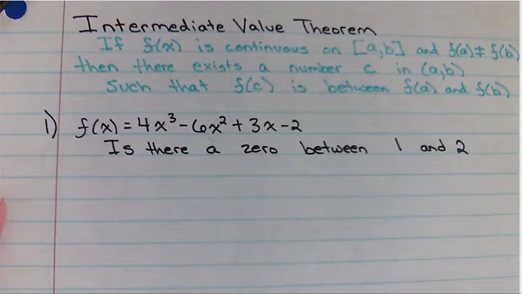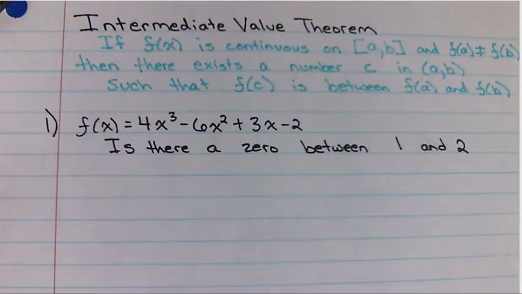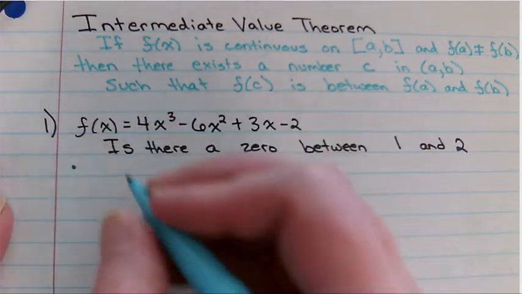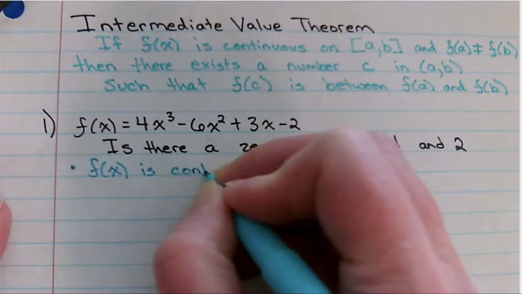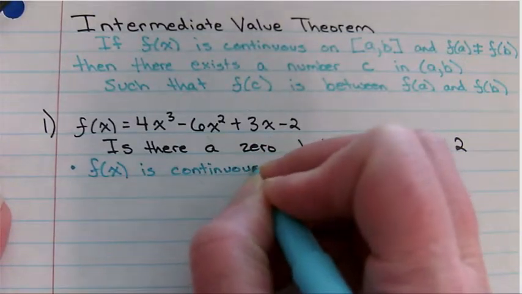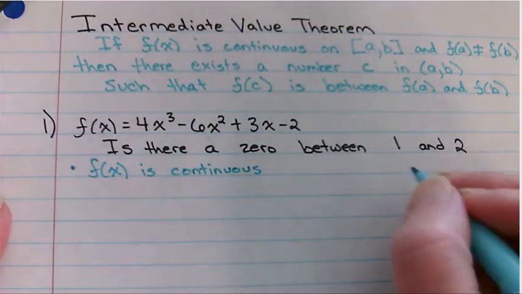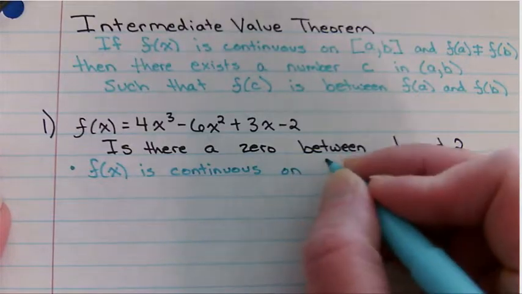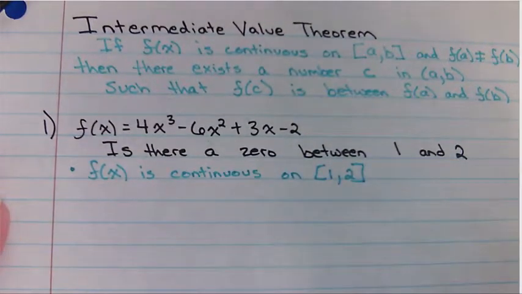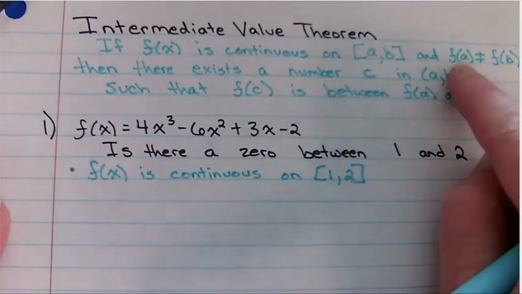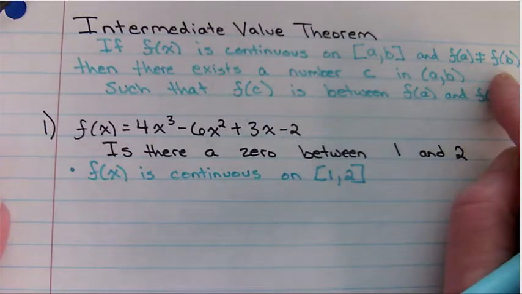Well, the first thing I want to think about is, is this going to be continuous? Well, this is a polynomial, so the first thing I want to state is f of x is continuous always, but it's definitely continuous on the interval from 1 to 2. Definitely, okay? Now I need to double check that f of a does not equal f of b.